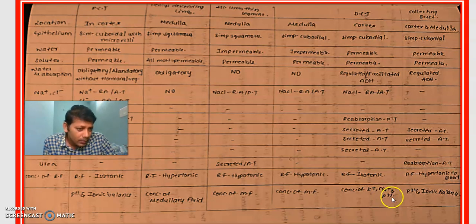It maintains the pH value of blood, the concentration of K plus, and ionic balance. Next one, collecting duct.